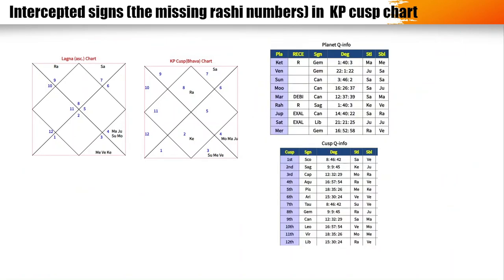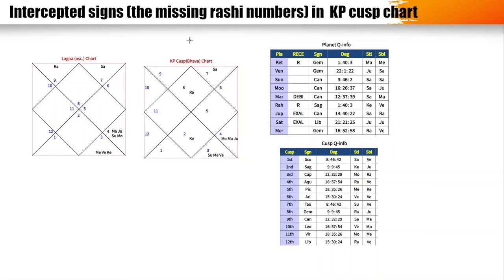In Krishnamurti Paddhati, the predictive side is all done by looking at the KP Bhav chart. So first let's look at why the planets, the way they appear in the Lagna chart, do not appear in the same position in the Bhav chart.